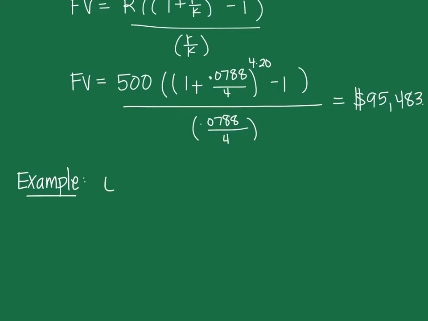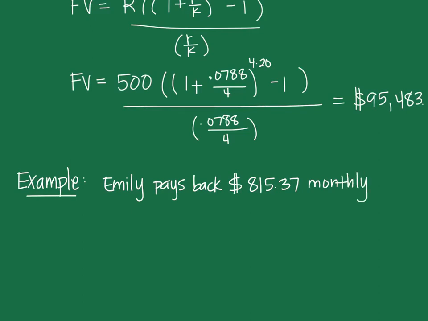Okay, so Emily pays back $815.37 monthly toward her student loan, and her student loan is at 4.7%, and she has 5 years.